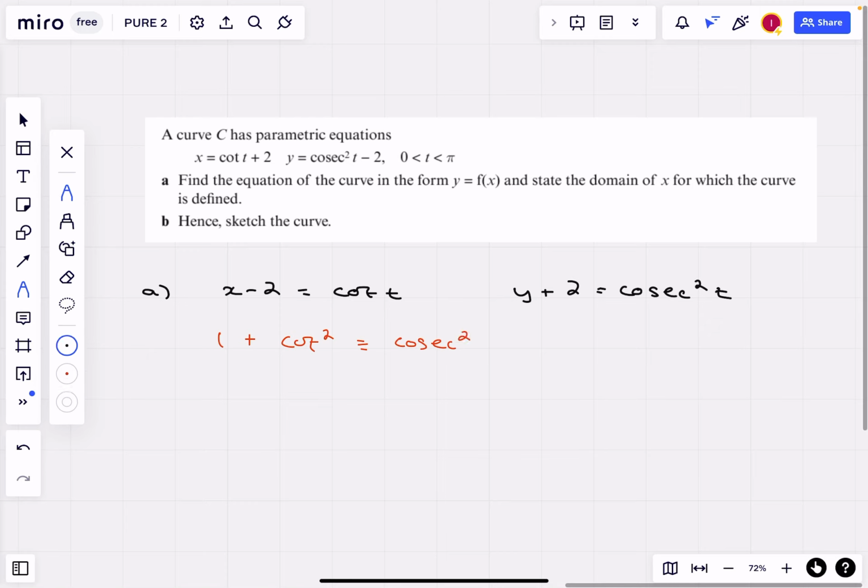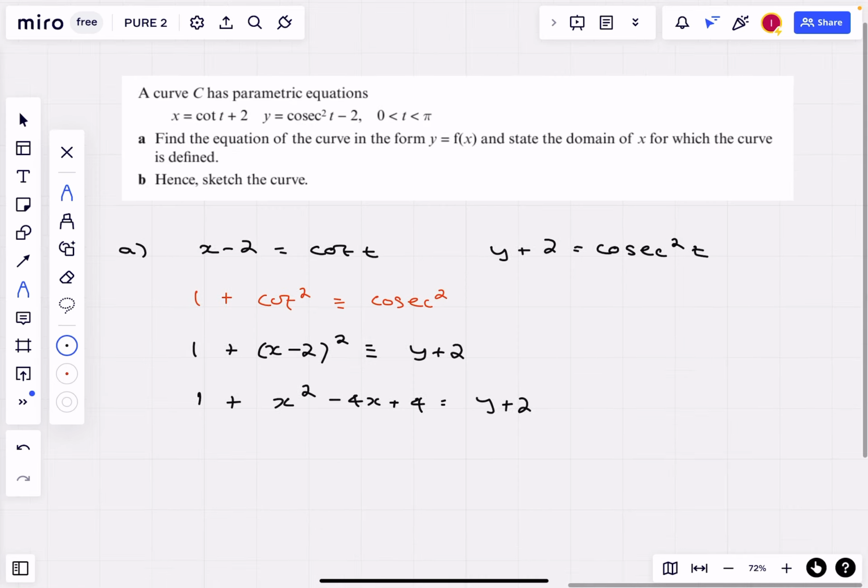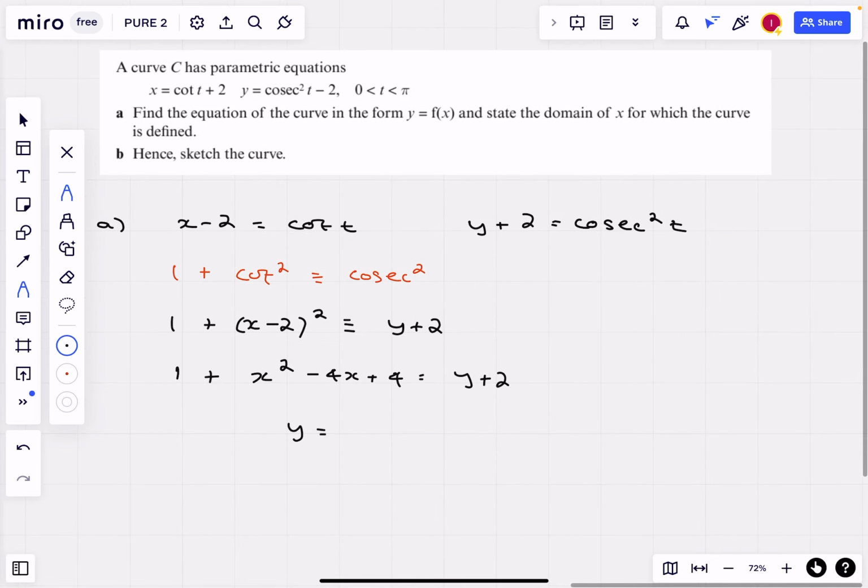And now I'm going to sub in my substitutes. 1 plus (x minus 2) all squared is y plus 2. And now it's just a matter of expand and simplify. So 1 plus x squared minus 4x plus 4 is y plus 2. So y eventually equals x squared minus 4x plus 3.